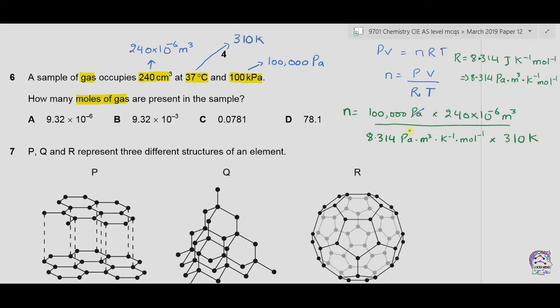So cutting out the units, pascal, meter cube will be cut with meter cube, per Kelvin with Kelvin. So the value of n comes equal to 9.32 times 10 to the minus 3 mole. So therefore the correct option is B.